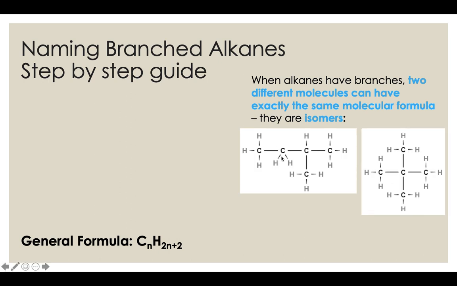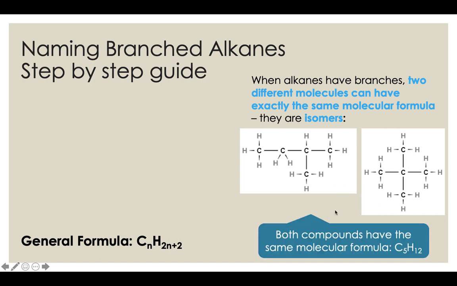See, both molecules will have 5 carbons in their entire molecule, but structurally they're very different, and therefore in terms of some kinds of chemical reactions, they will react in a very different way, and therefore we must distinguish them. In terms of molecular formula, they're the same, they're C5H12, but when we use the IUPAC naming system, we are able to tell the difference. So how do we use that?